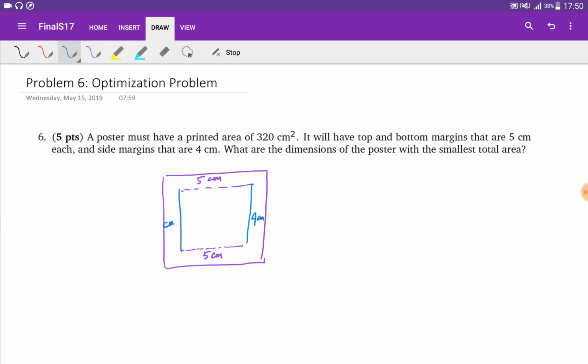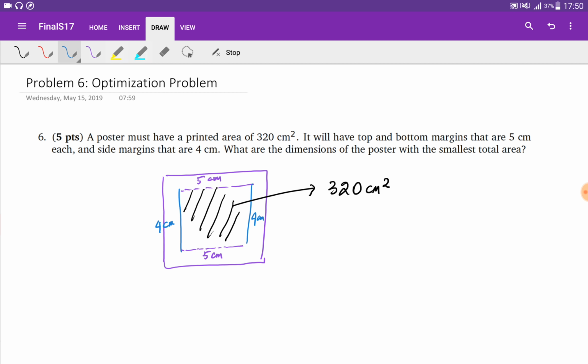So we are given that a printing area, this area, is equal to 320 centimeters square. So we need to find the dimensions of this poster so that the area becomes a minimum.